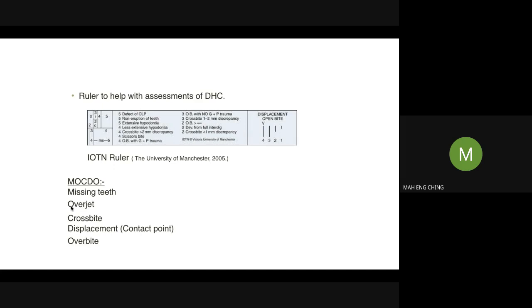You're going to choose the overjet. So according to this motto sequence, MOCDO: M is missing teeth, then overjet, crossbite, displacement, which is contact point or crowding. Then finally we come to overbite. So according to this priority: missing teeth, overjet, crossbite, displacement, and the last one is overbite.